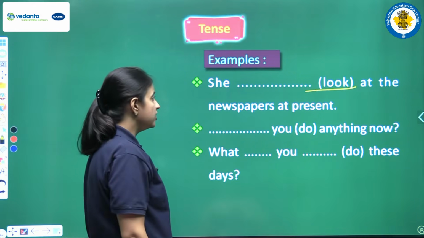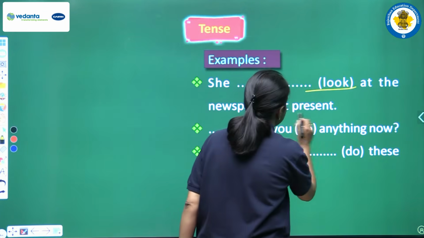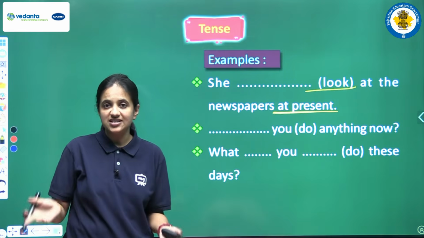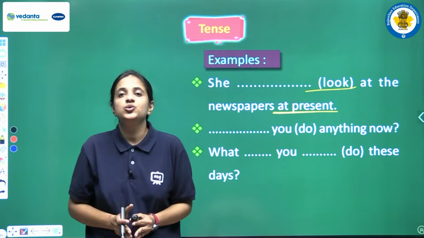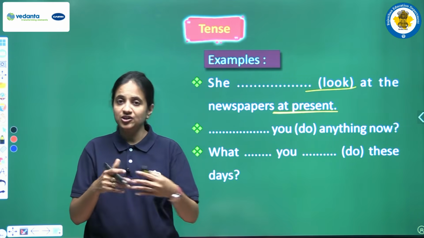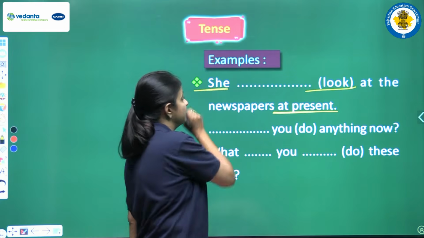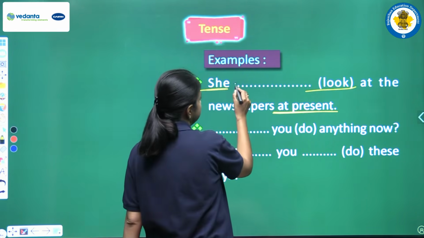She look at the newspaper at present. So in this sentence we have the words at present, and yes, we have seen this in the common word section. So this shows that we have to use present continuous tense in this sentence. So first of all, let's see the subject. Subject is she, a singular subject, so we will write is.